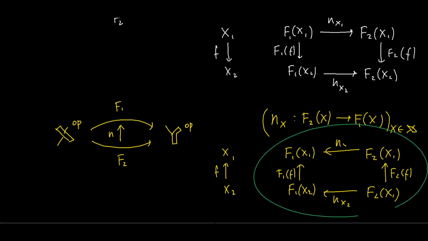This is the same naturality square, the same condition of being a natural transformation. This time between functors f1 and f2. So the notion of natural transformation is invariant under duality as well, as long as we're taking duals of both the domain and the codomain of the functors. Except that direction has changed. The direction changes, but the condition doesn't.